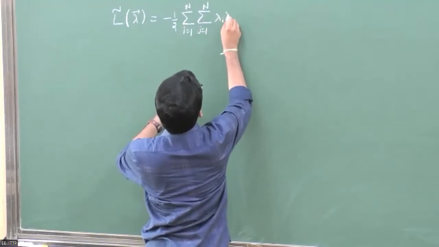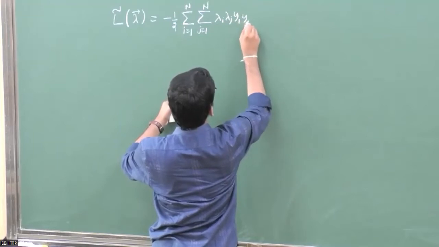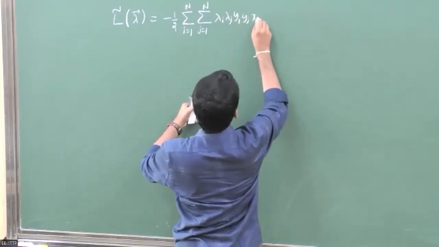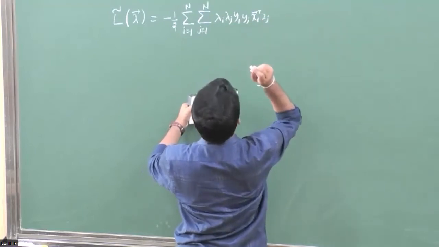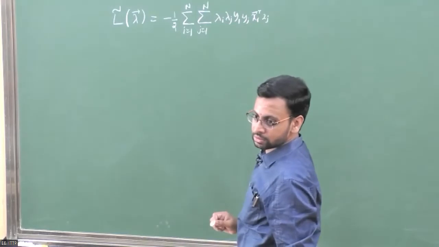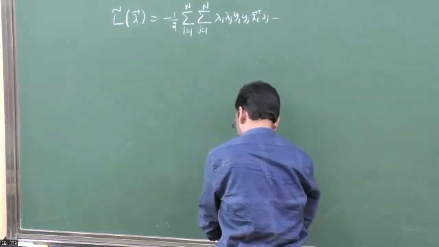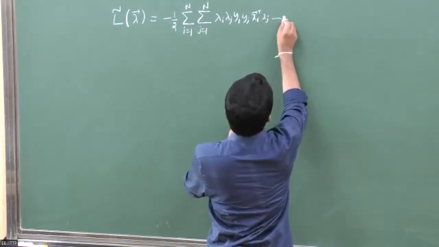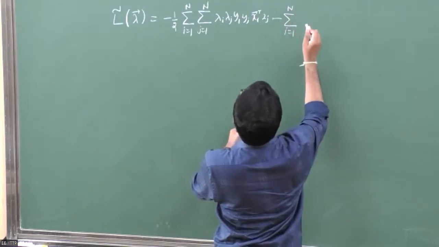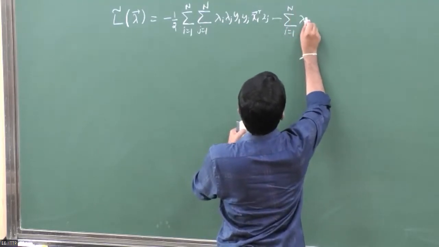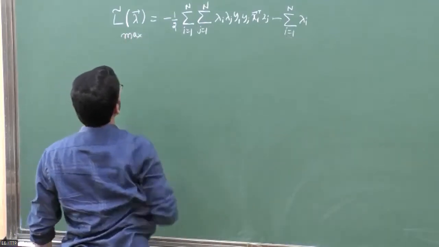Lambda i, lambda j, yi, yj, xi bar transpose xj. Any other term remaining there? Right, very good. I have here summation i varying from 1 to n lambda i. This is a maximizing problem. What you will do, you maximize here.